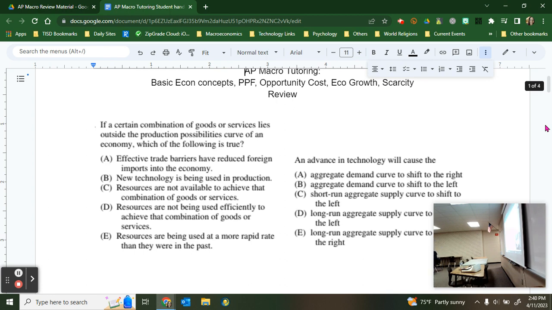Shifters. The shifter applies technology, information.